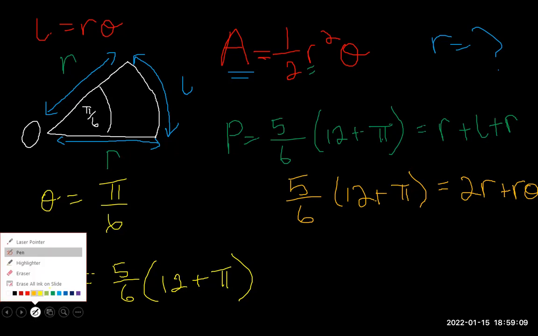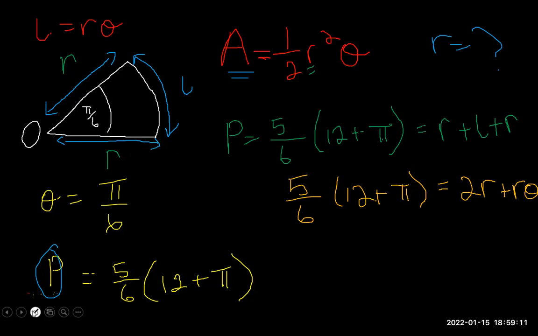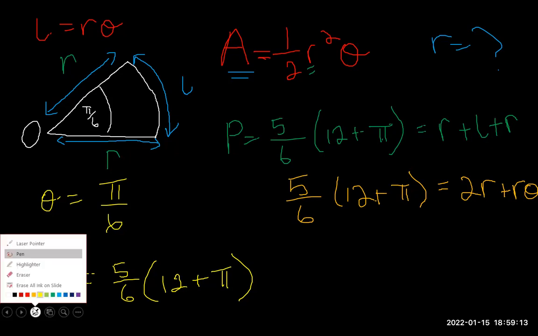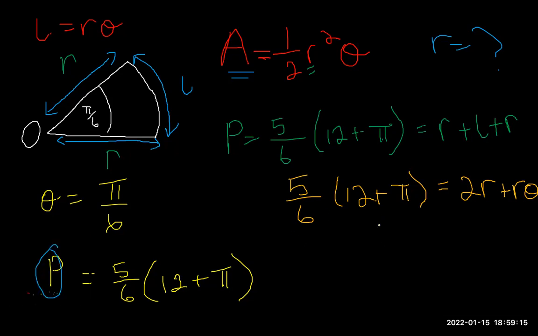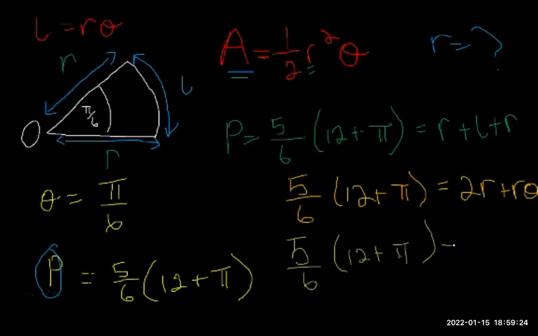Let me use this screen. So 5 on 6 by 12 plus pi is equal to 2r plus r times theta. We already know that theta is pi on 6, right?